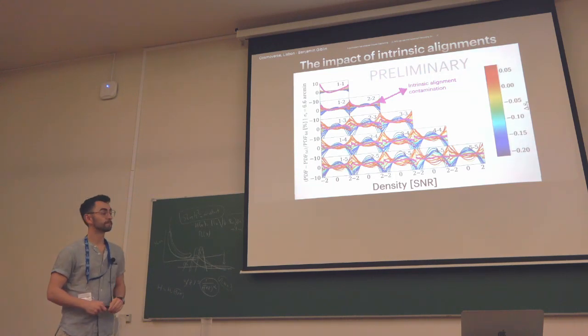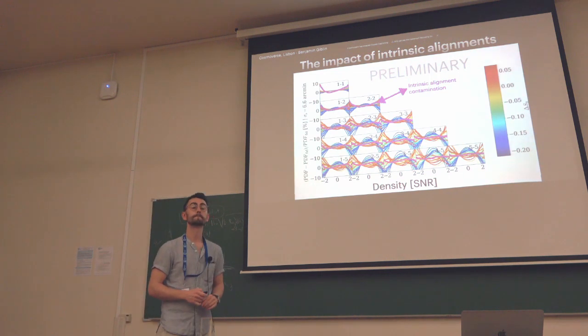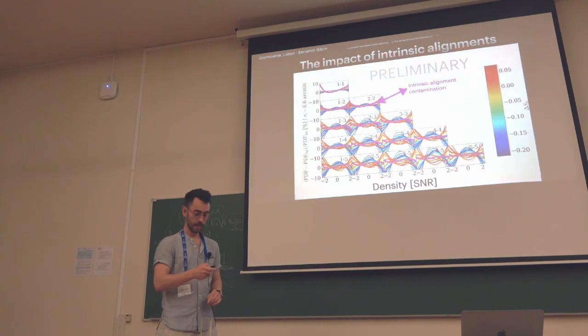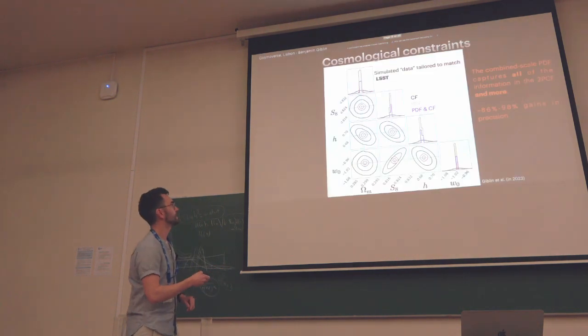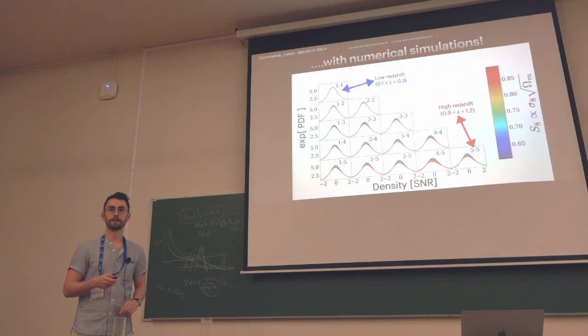Okay, someone else? Yes? I was a little confused about why your training PDF curves looked really Gaussian. Yeah, that is because of the noise present in the simulation.